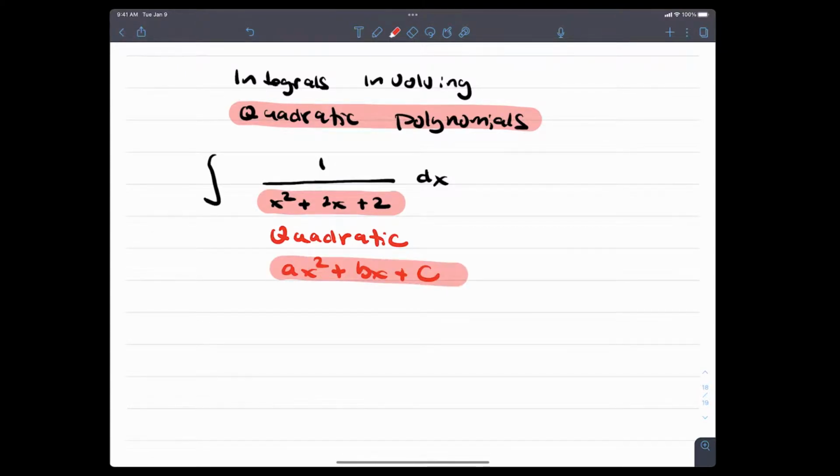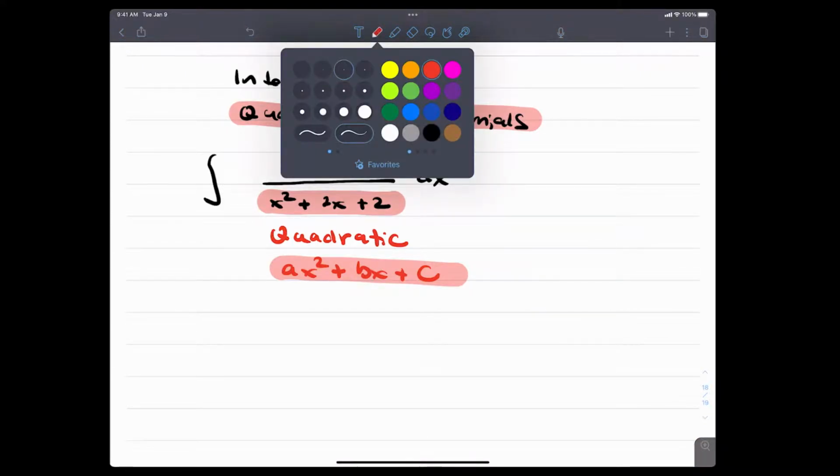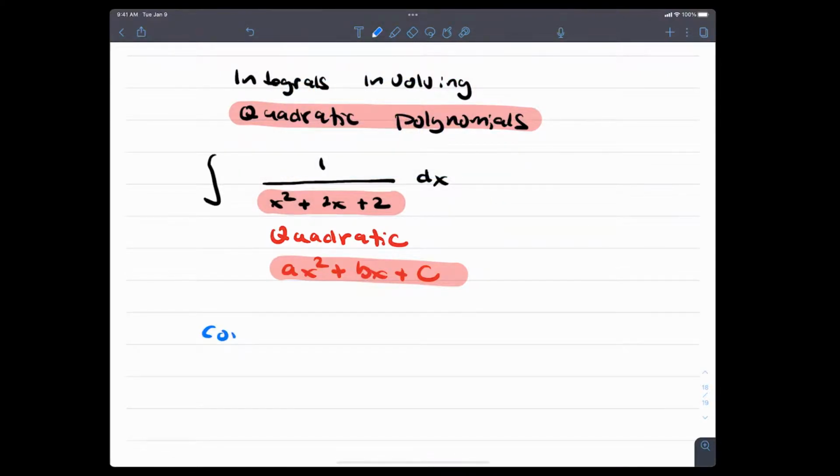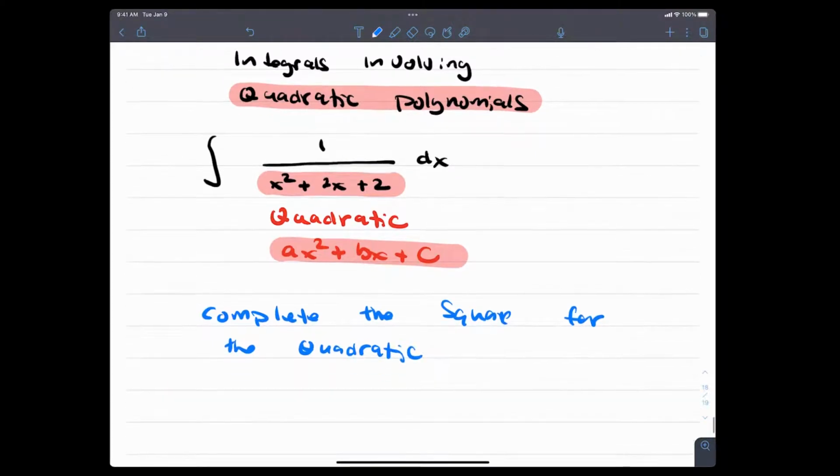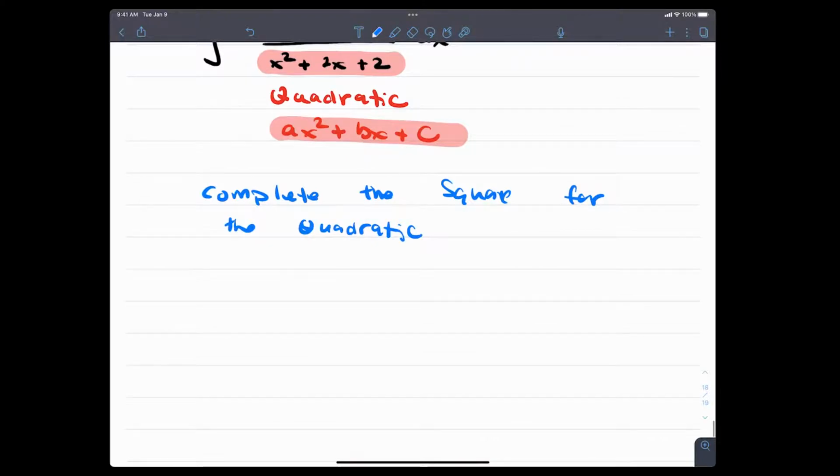So there's a game plan that exists, and the game plan is centered around the following. You want to complete the square for the quadratic. Do you guys remember the process of completing the square?